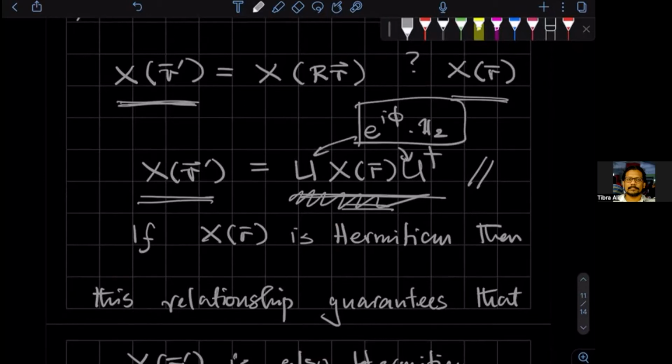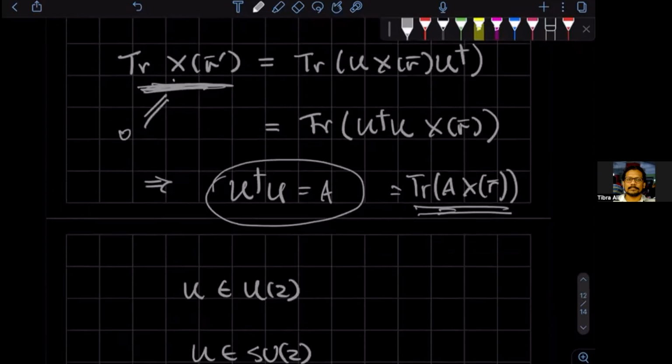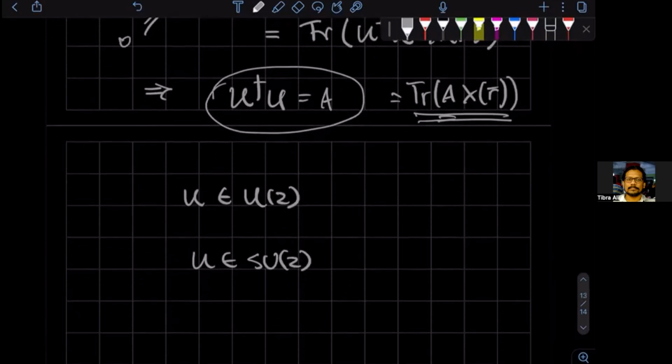So they don't really do anything. They don't really have a non-trivial action on X, right? Because it's just an identity matrix times a phase. And they cancel each other out. So we can take U to be SU2.